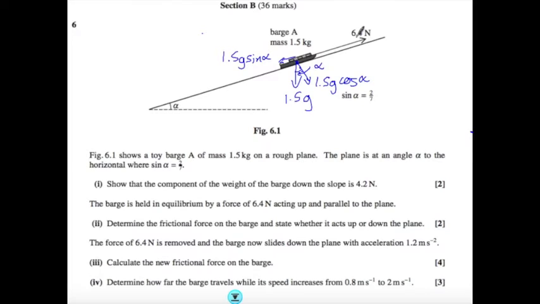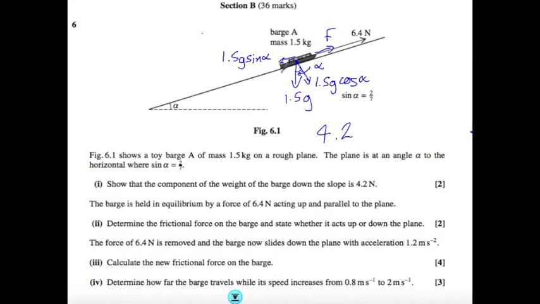This 6.4 newtons is gone now, and we know there's this 4.2 newtons acting down the slope. We know there's some frictional force pulling it back. Let's call this F again, but remember this is now going to be acting up the slope because the barge is sliding down the slope. So let's think about what we know. We know the resultant force going down the slope is 1.5 g sine alpha, which was 4.2 that we worked out in part 1.